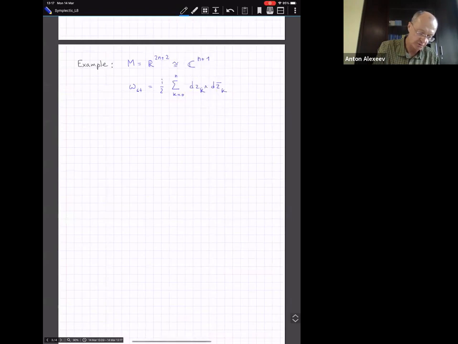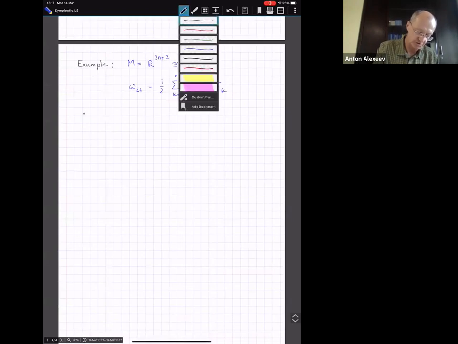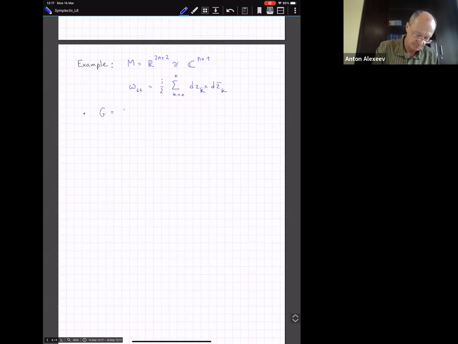I'm taking the group to be just a circle, G to be S1. It acts on our C^(n+1) by rotating all coordinates in the same way. So it's a diagonal action.